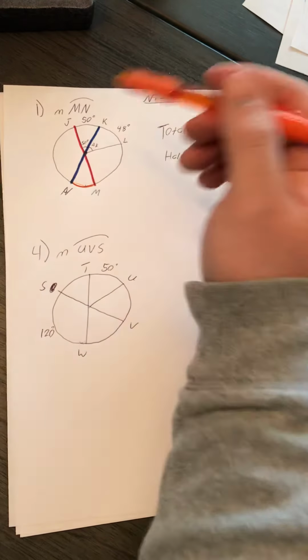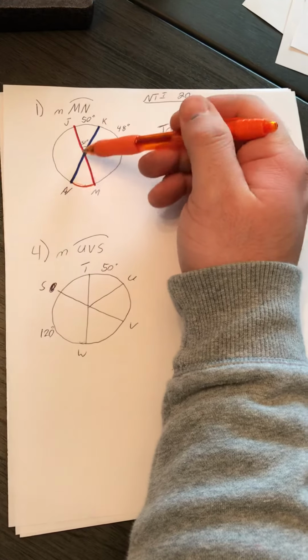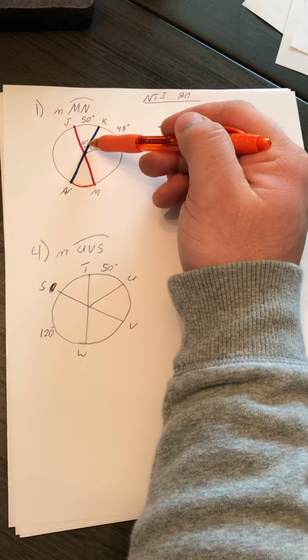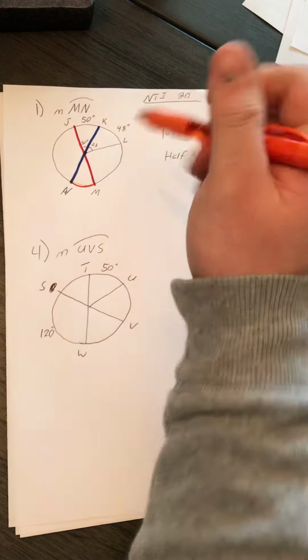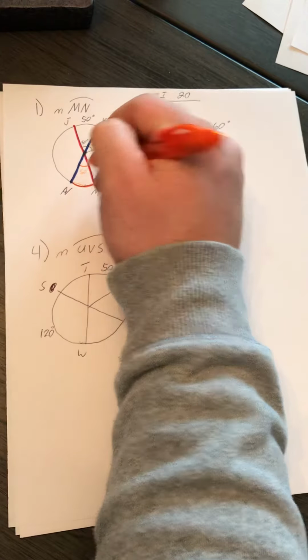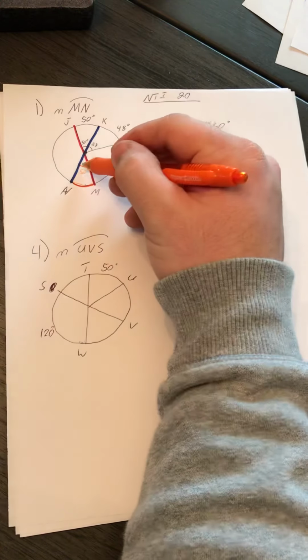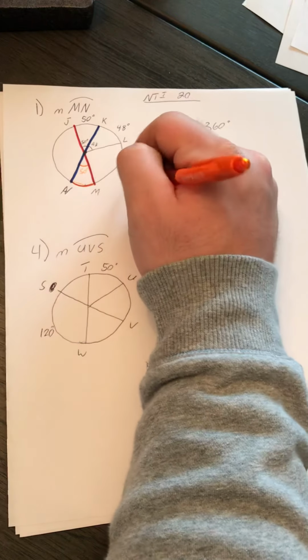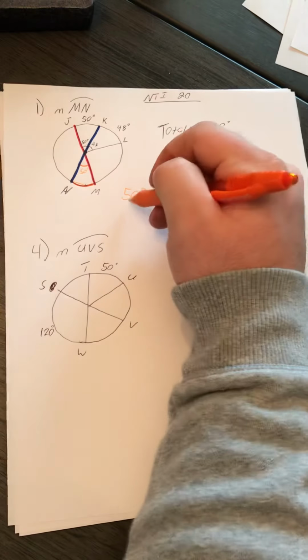But if you look, these two are vertical angles. They're right on top of each other, made up of the same two lines. We've done vertical angles before. So if that one's 50, then this one right here also has to be 50 degrees. If that inside angle is 50 degrees, then this arc length right here has to be 50 degrees. So that's my answer there.